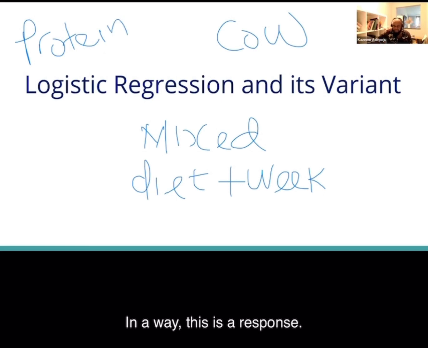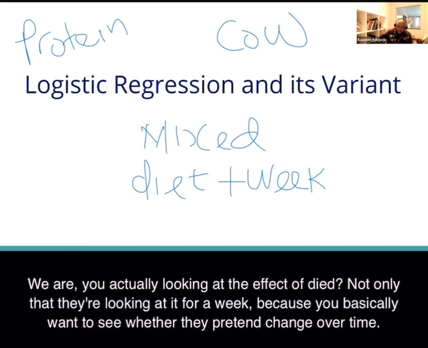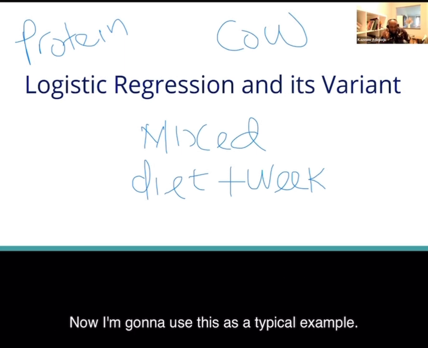There's actually a mixed ANOVA under repeated measure where you are looking at the effect of diet. Not only that, you're looking at the effect of week, because you basically want to see whether the protein changes over time. Now, I'm going to use this as a typical example.